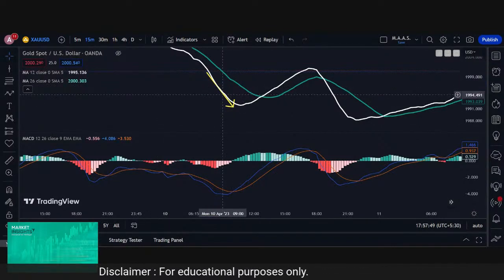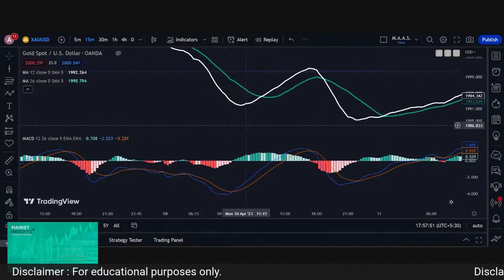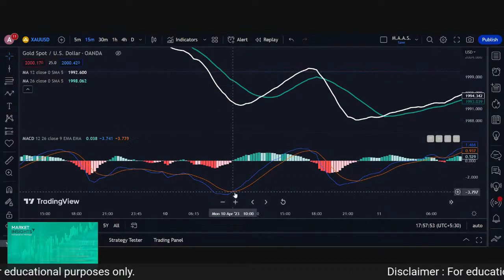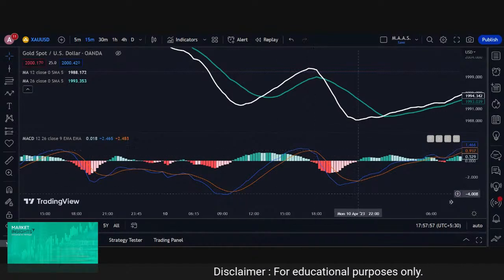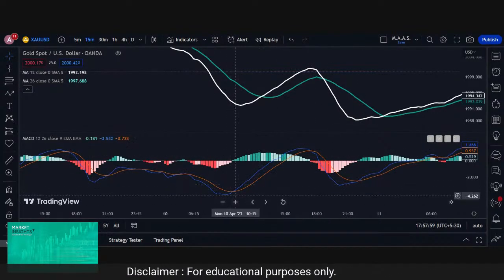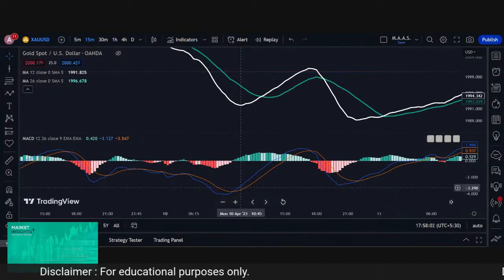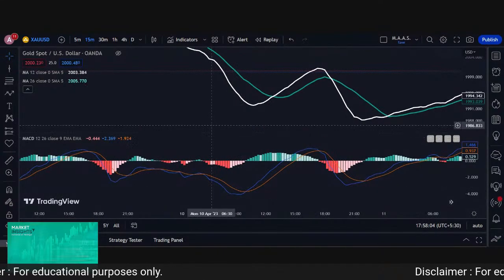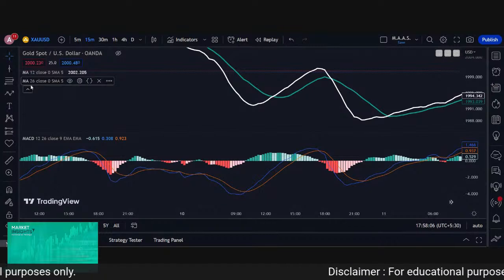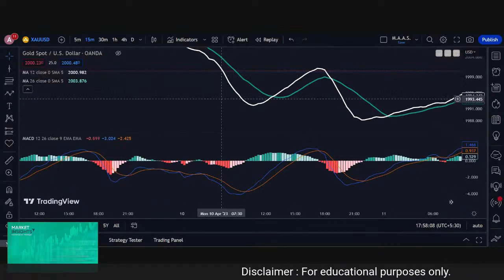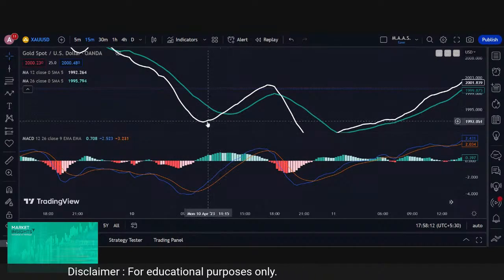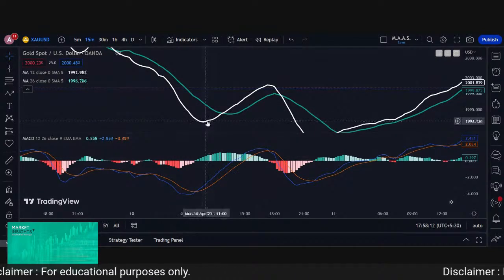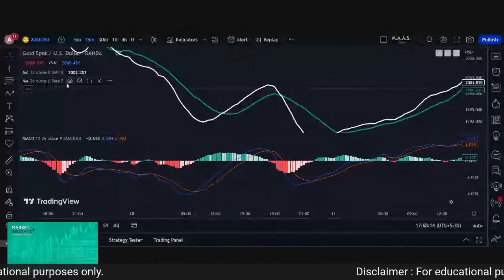Now if I delete this and this, from this point there is a crossover. Crossovers are very important. This is a cross under, this is a crossover. What is the difference between crossover and cross under? When a faster line goes above, which in this case is the 12, faster than the 26, right?